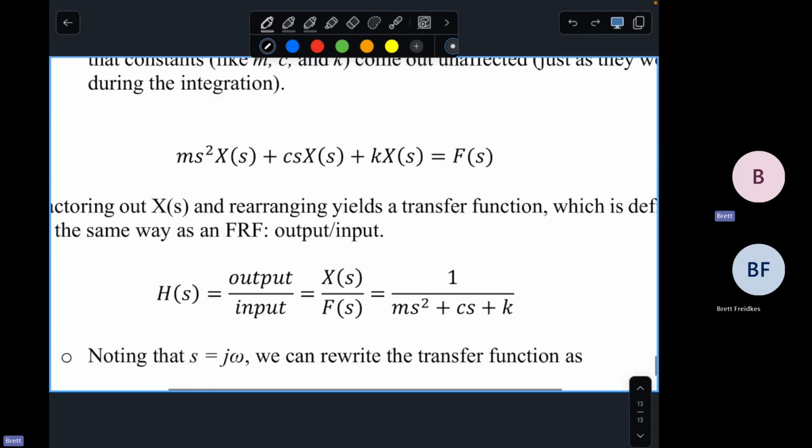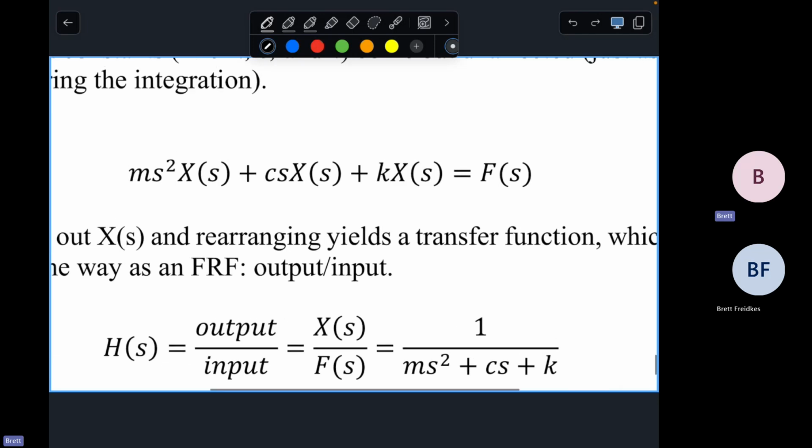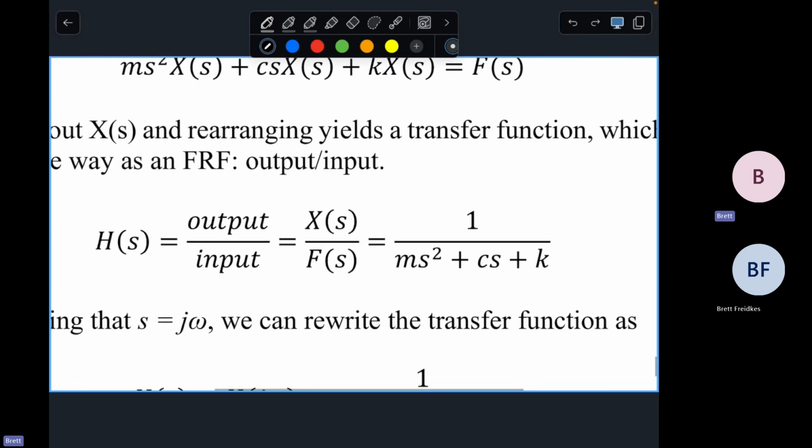And you end up with something in terms of Laplace variables, where you have these S's. The Laplace transform of x of t is x of s. And we'll do the same thing like we did for the frequency response function. We'll solve for output over input. And that will give us this transfer function. Okay?